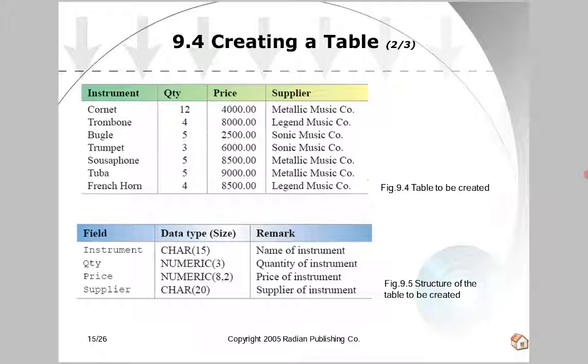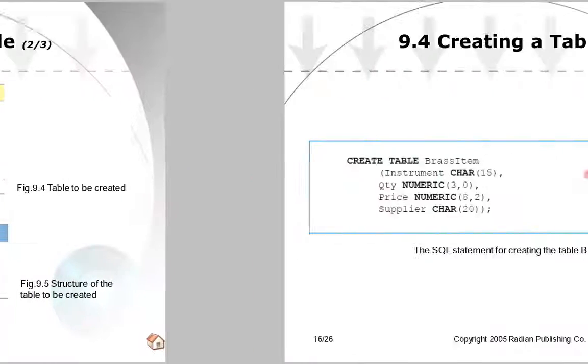Numeric is used to create numeric or number fields, and numeric has two types, integer values and floating or real values. Varchar means variable characters. Fixed length and variable length records. All these are data types.